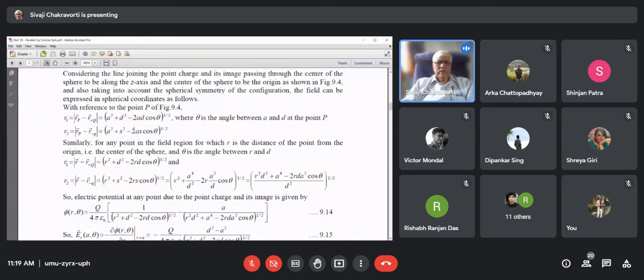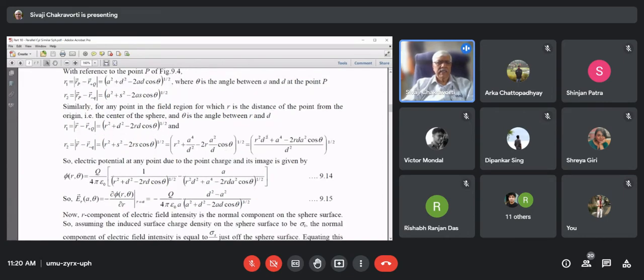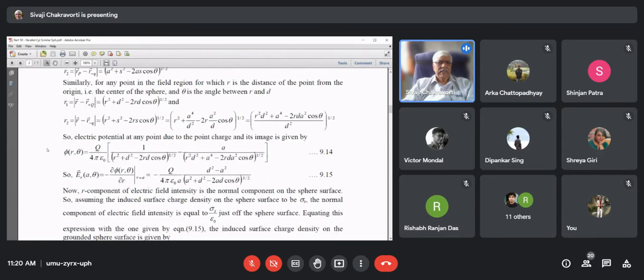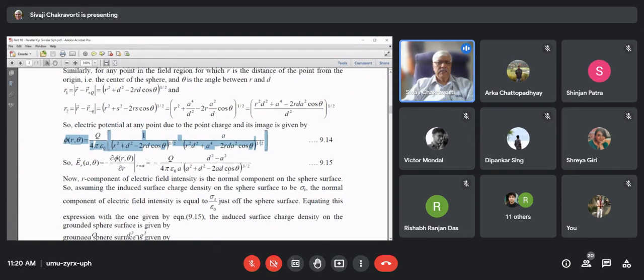And then these are coordinate geometry, which I think you can do 100% better than me. So you can find out what is R1 in terms of A and D, what is R2, then you can put it in the expression and do the algebra and you get what is phi of r, theta. That is the potential.